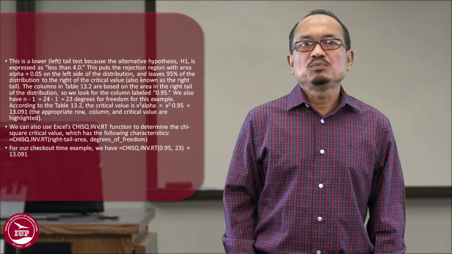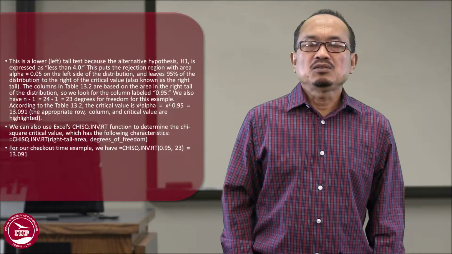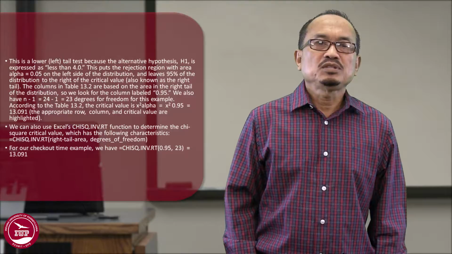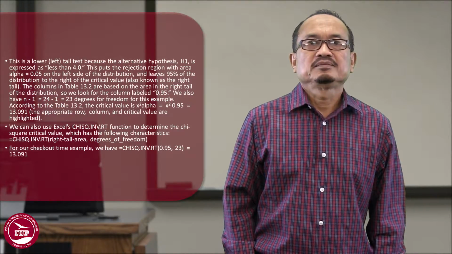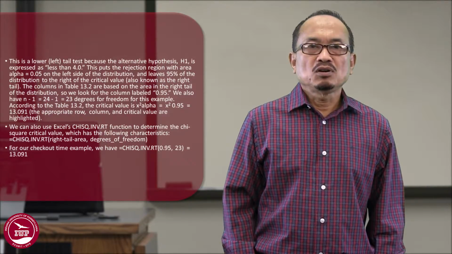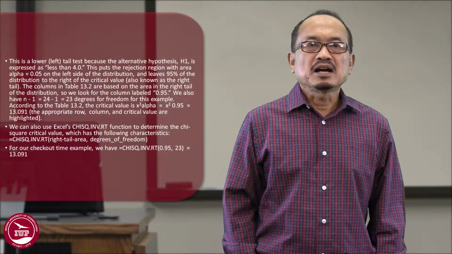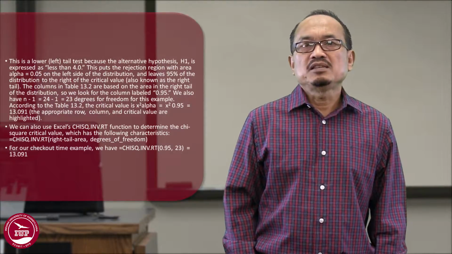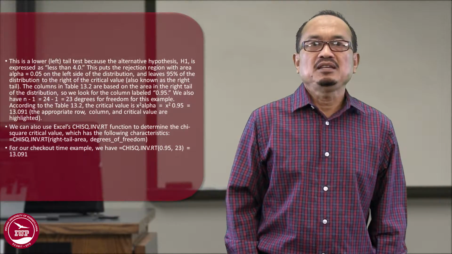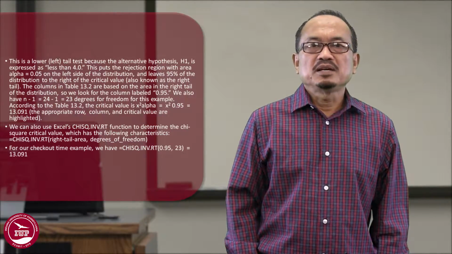According to table 13.2, the critical value x squared alpha is equal to x squared 0.95, which is equal to 13.091. We can also use the Excel CHISQ.INV.RT function to determine the chi-square critical value, which has the following syntax: equal to CHISQ.INV.RT inside parentheses right tail area, comma, degrees of freedom.